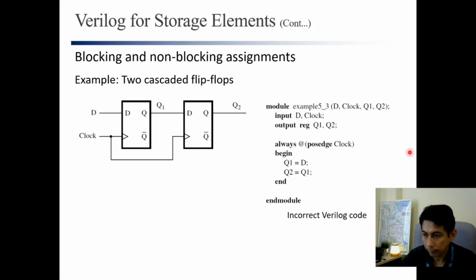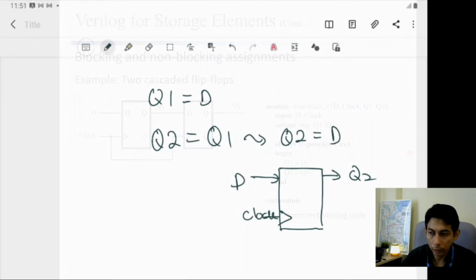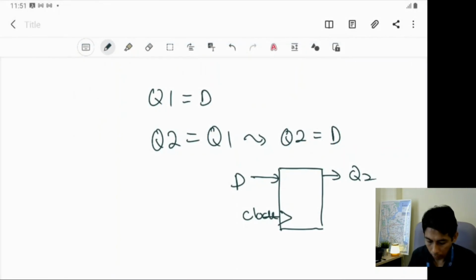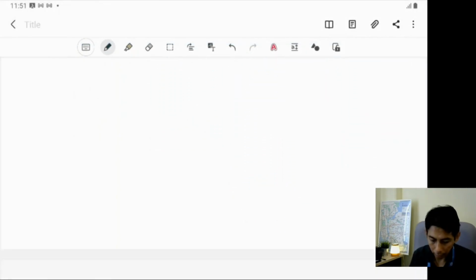Unless you do this, you have to use separate always blocks, like this.